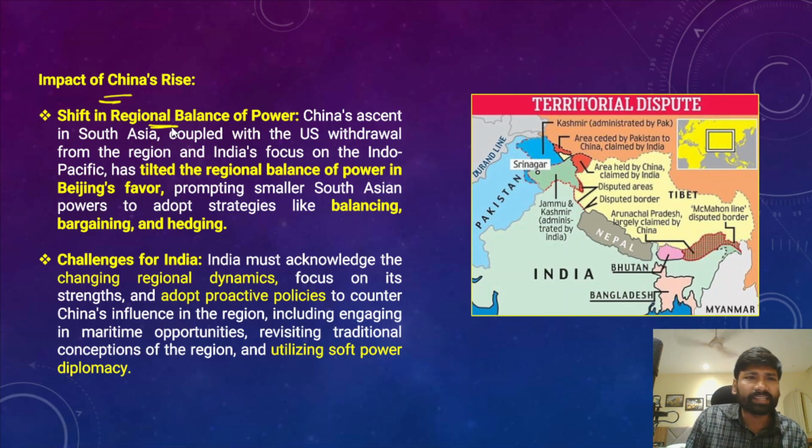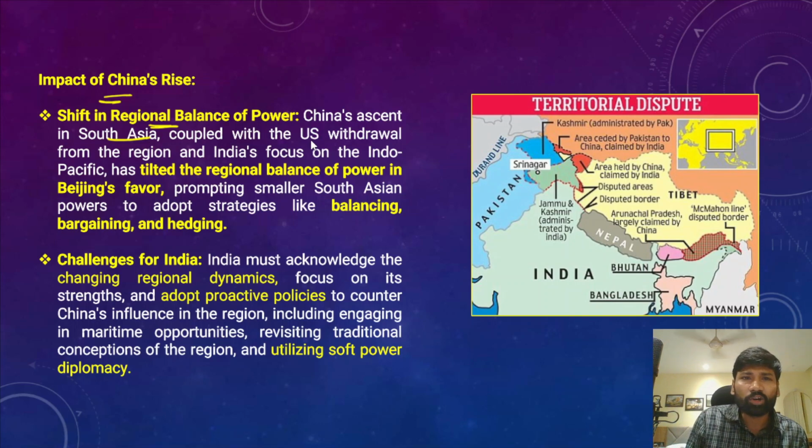Therefore, the Chinese ascent in South Asia has been coupled with US withdrawal from the region. The US has a very minimal presence in the Indo-Pacific or Indian Ocean region. So this vacuum created by the USA is filled by China, and now China comes into conflict with India.